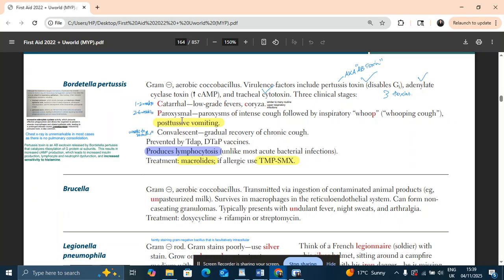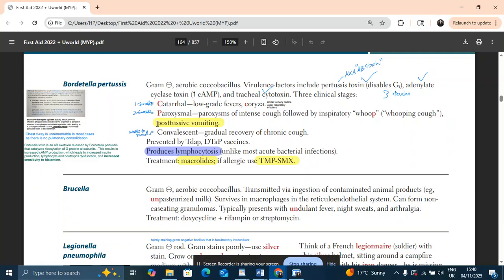Then the second stage is the paroxysmal stage that lasts from 2 to 6 weeks, and it is characterized by inspiratory whoop and expiratory coughing. So, paroxysms of intense cough followed by inspiratory whoop.